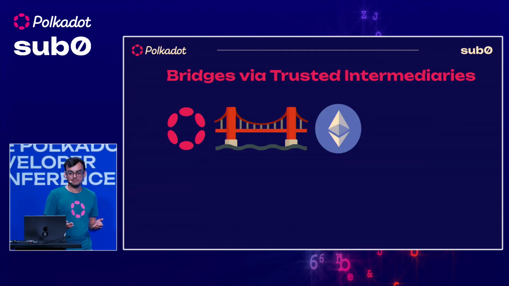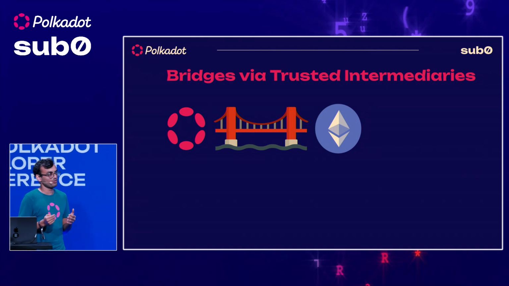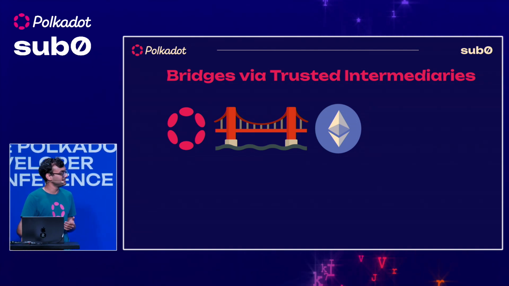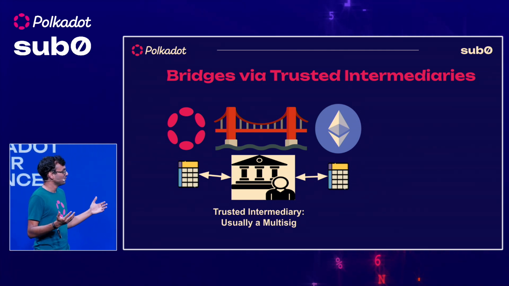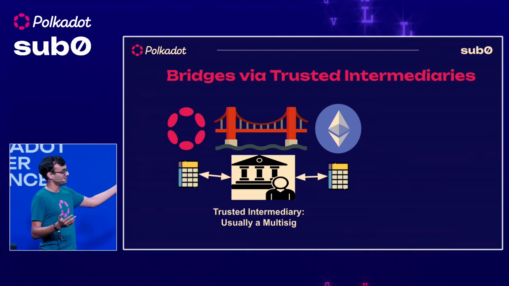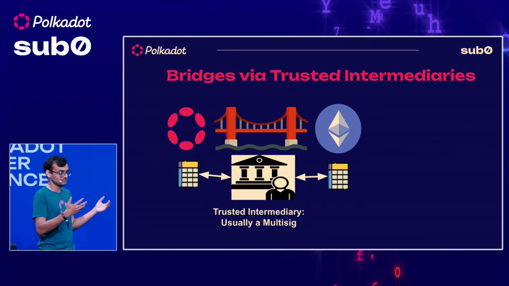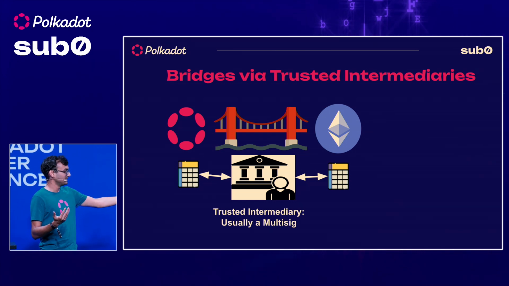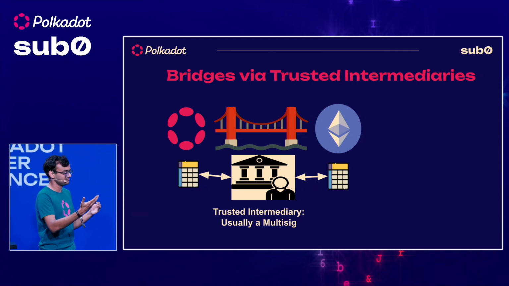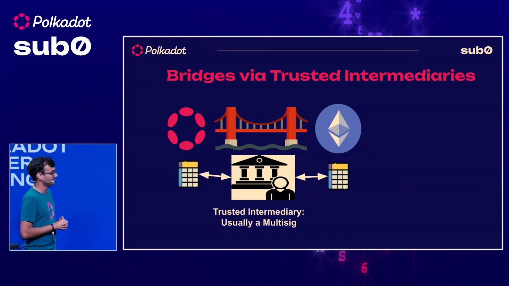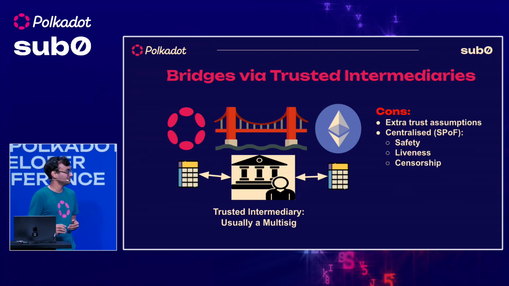So traditionally, bridges use trusted intermediaries. What I mean by trusted intermediaries is that you usually have a trusted relayer who runs the nodes on both the source and target chains. And the two chains trust this intermediary, which is usually a multi-sig, to listen to the other chain. But this obviously has a lot of cons.